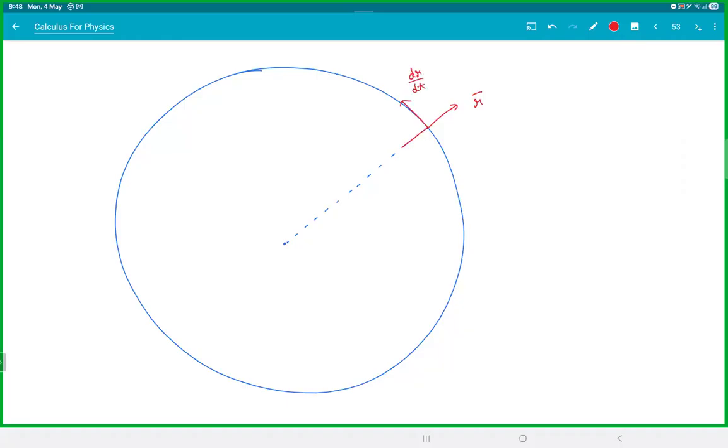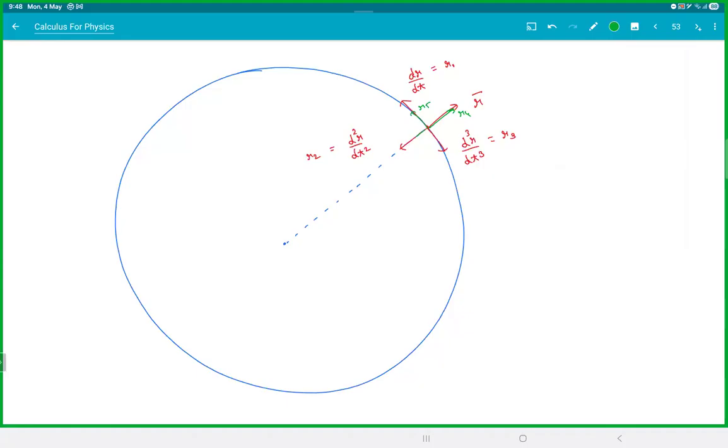If I differentiate again, this will be d square r by dt square. For convenience, let's call this R1, and this R2. If I differentiate again, this will be d cube r by dt cube, R3. If I differentiate again, this will be R4, then R5 and R6 and so on.